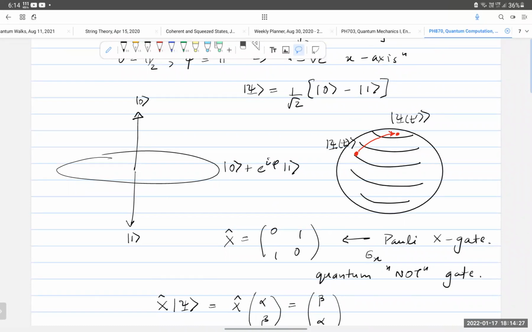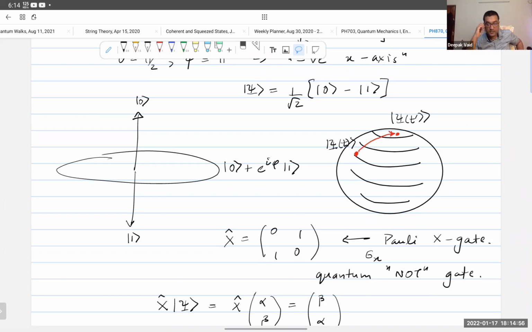But a gate is a transformation of that state. In the case of vectors, if we are working with 2-dimensional vectors, the matrix will be 2 by 2.